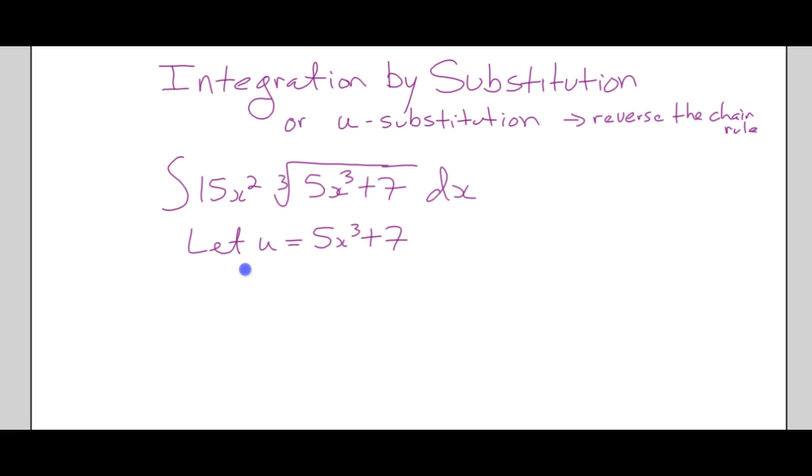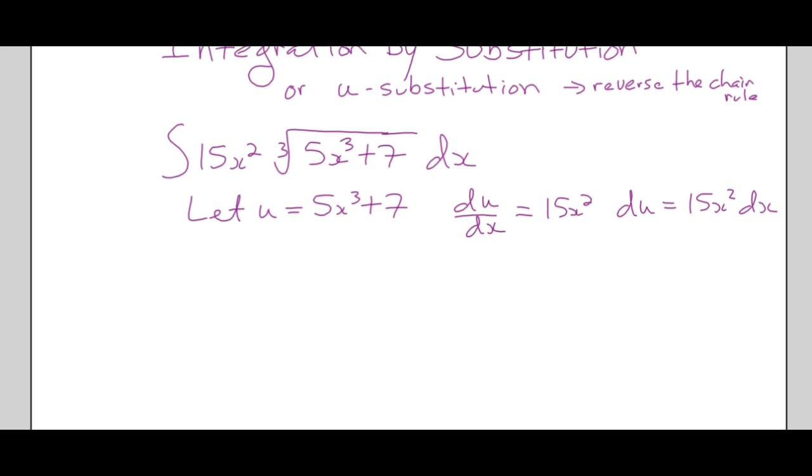So du by dx, if we take the derivative of this, we just get 15x squared. And if we rewrite it as a differential, we get du is equal to 15x squared dx. I'm going to do this in a little more detail than we'll do subsequent ones, just to show you how it works.